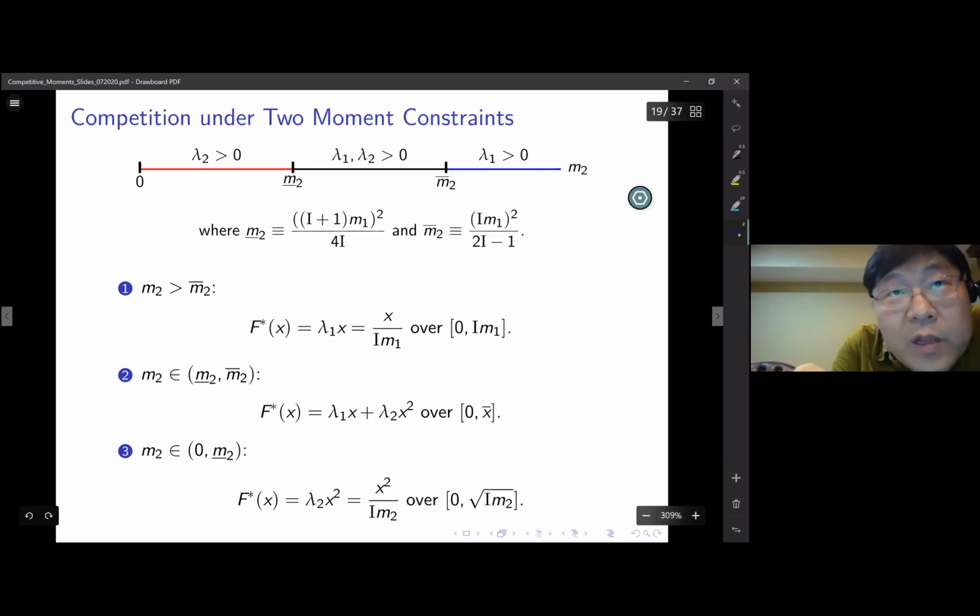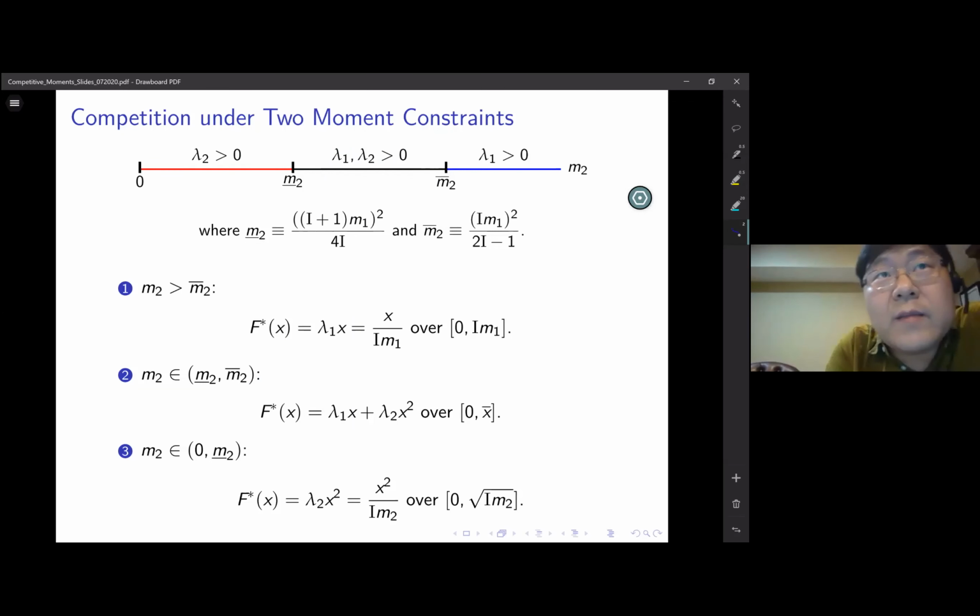But if you go below M2 upper bar, now the second moment constraint is going to bind. So as you see here, lambda 2 is positive. And if M2 belongs to this middle interval, now both constraints are going to bind. So both lambda 1 and lambda 2 are going to be strictly positive.